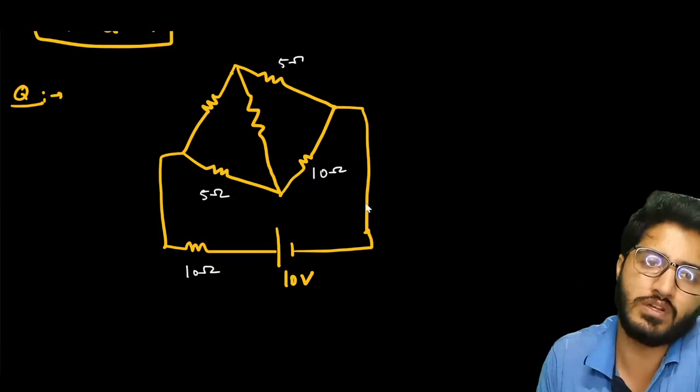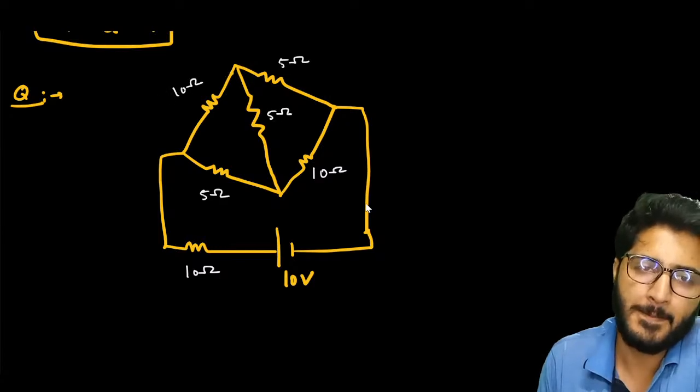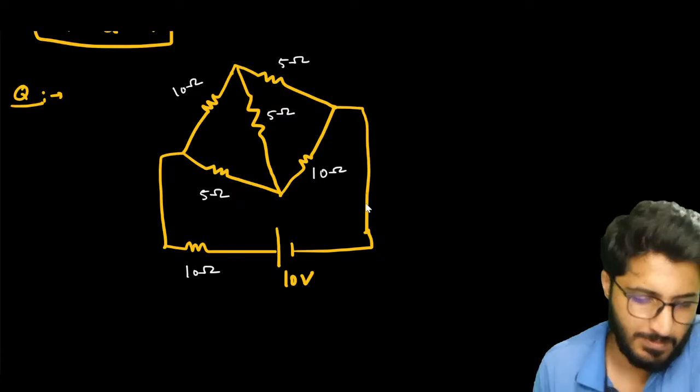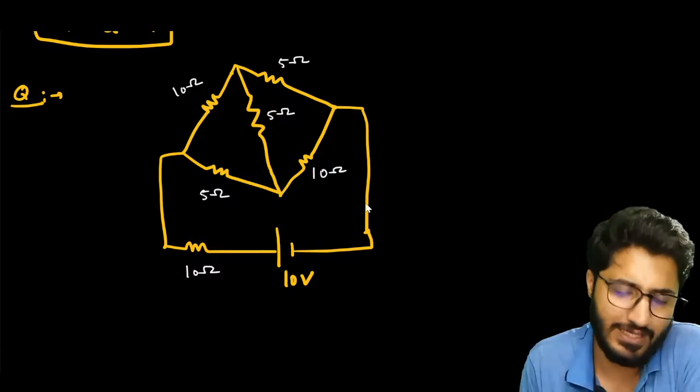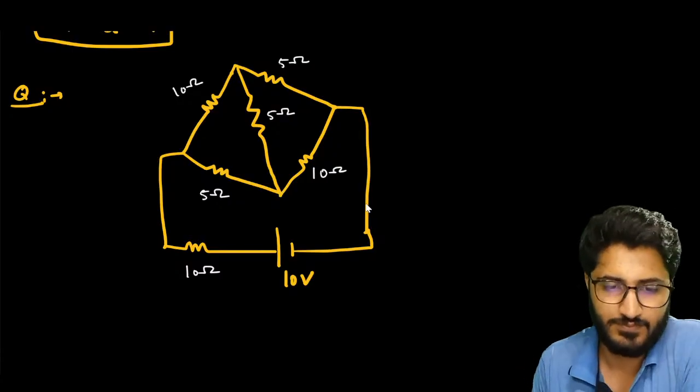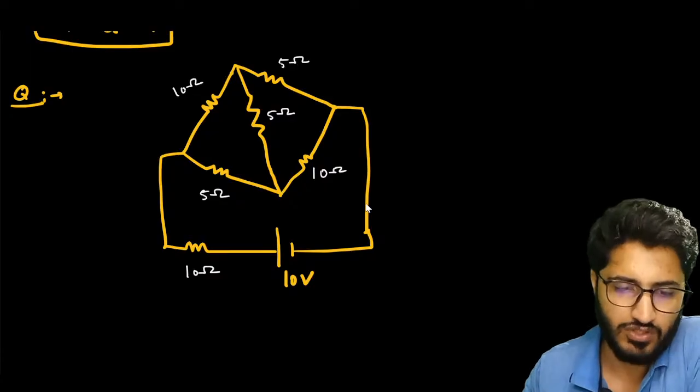You need to do it. Yes, V initial plus minus potential difference across the line equals to V final. This one is also one numerical.